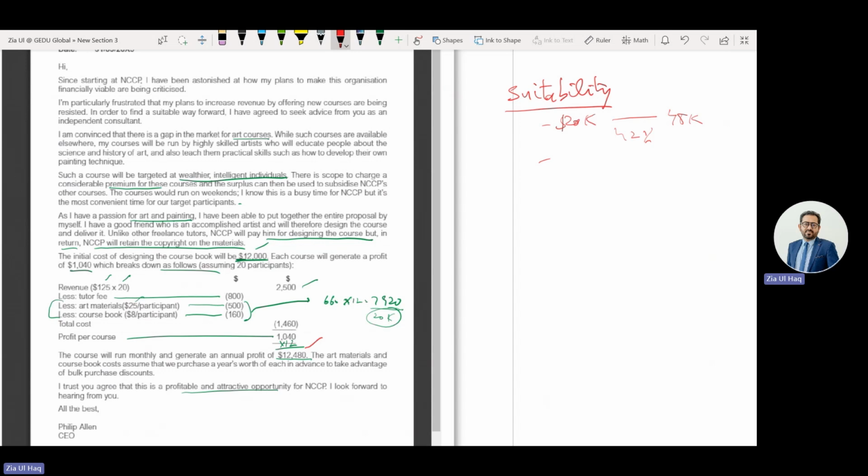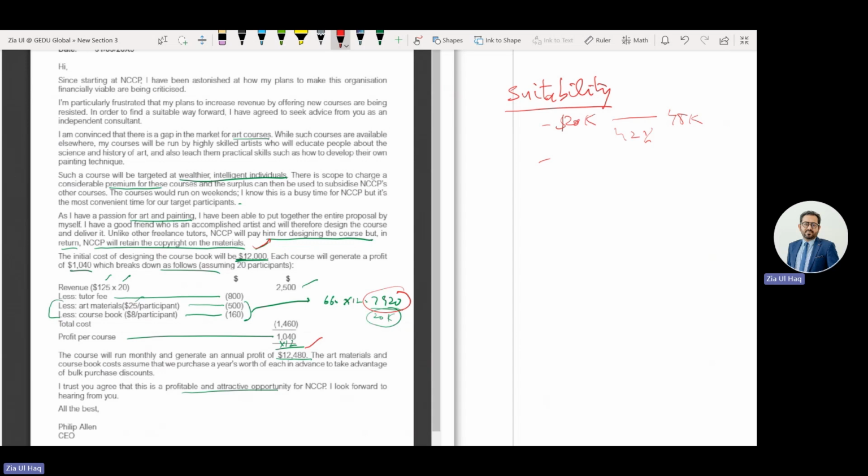This means even in 1 year's time, you will not be able to get your money back. 20,000 you are going to invest, but in that 20,000, obviously the 7,920 is also involved. So mainly the investment, if we take 12,000, because that 7,920 is a cost involved with the profit.